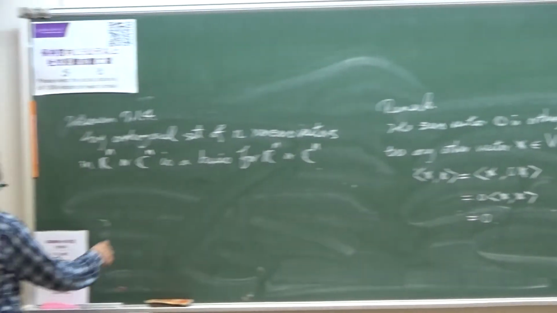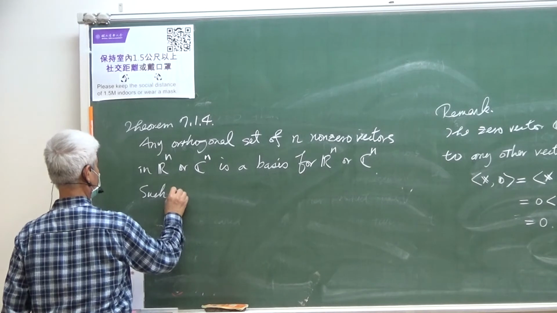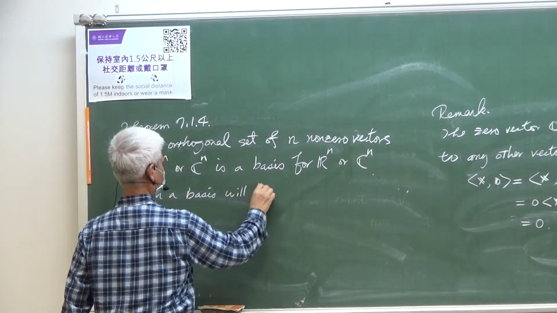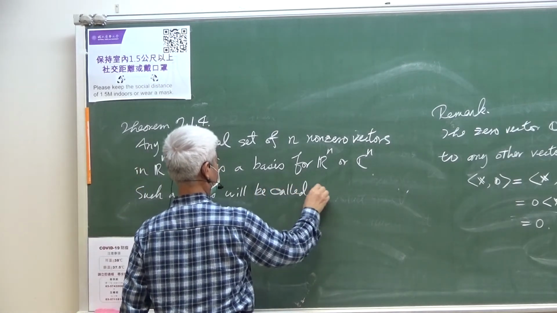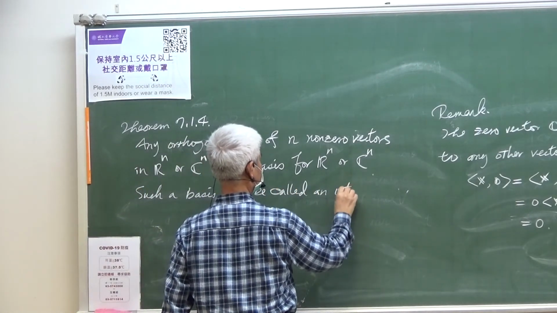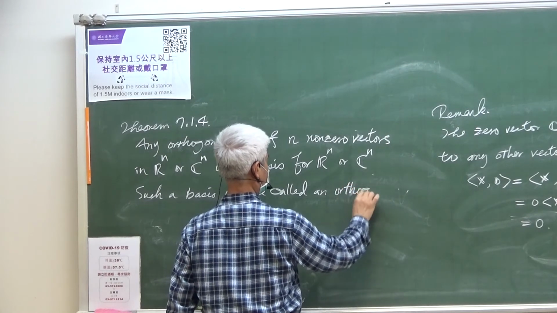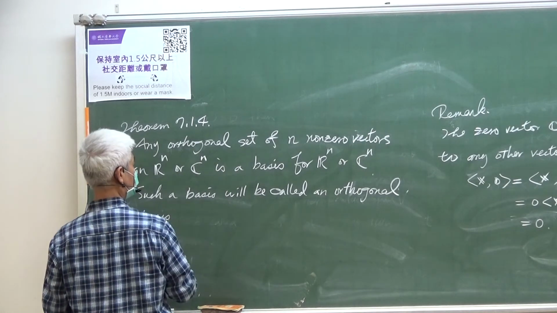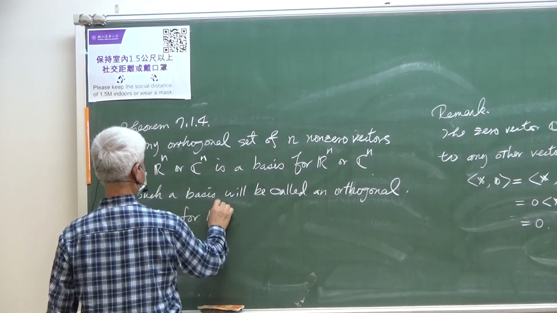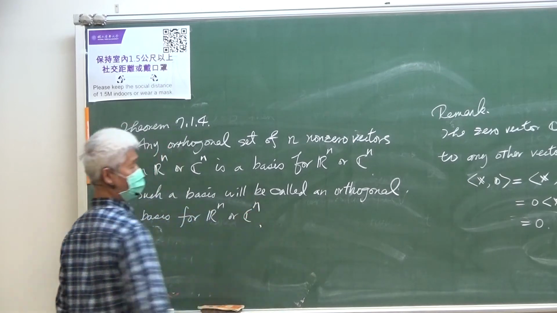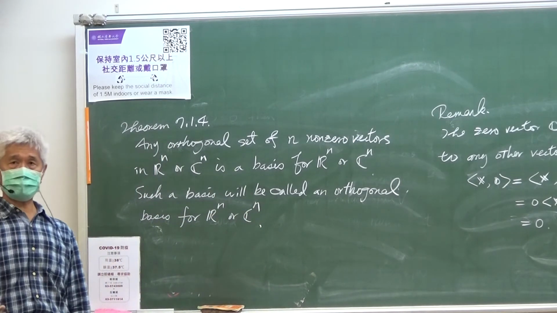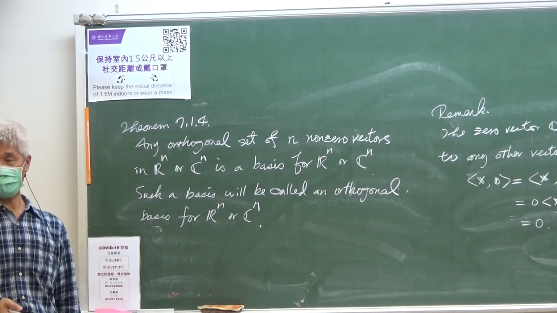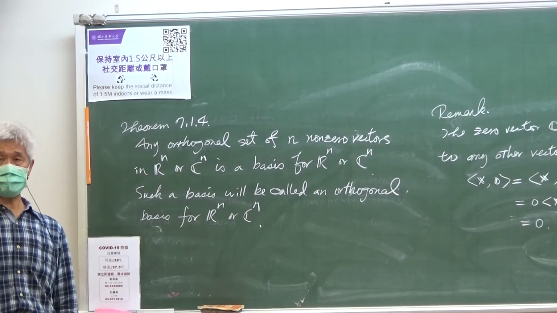Such a basis will be an orthogonal basis for Rn or Cn. So if a basis is also an orthogonal set, then this basis will be called an orthogonal basis.